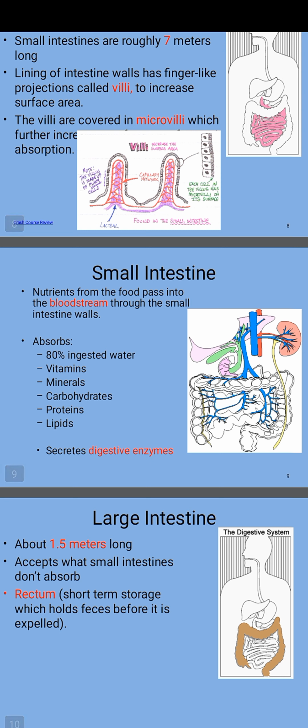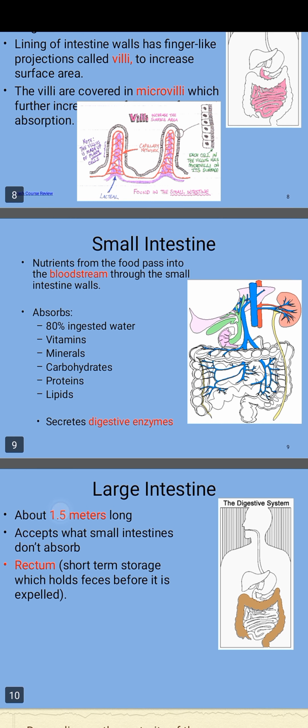Now going to the small intestine. In the small intestine, nutrients from the food pass into the bloodstream through the small intestine walls. Absorption: 80% of ingested water, vitamins, minerals, carbohydrates, proteins, lipids. So these are absorbed there. The carbohydrates, proteins, lipids, minerals, vitamins are going to be absorbed there.